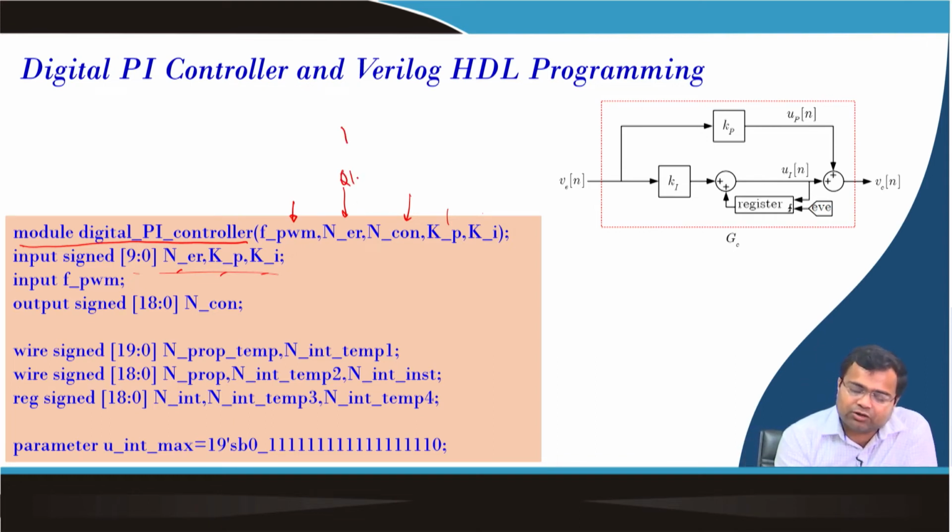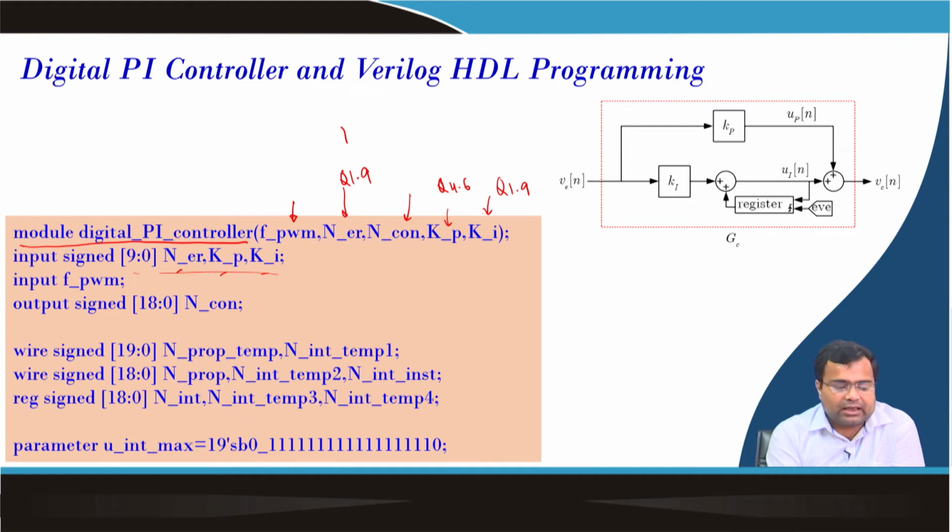This is Q1.9. What is Kp? This is Q4.6 and this is Q1.9, and then input, this is a scalar signal. Output, what is the NCON format that we are going to discuss. So, first the proportional temporary, it is 9. So, that means we are talking about 5.15, 20 bit.